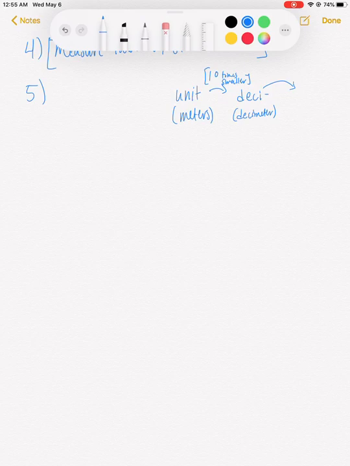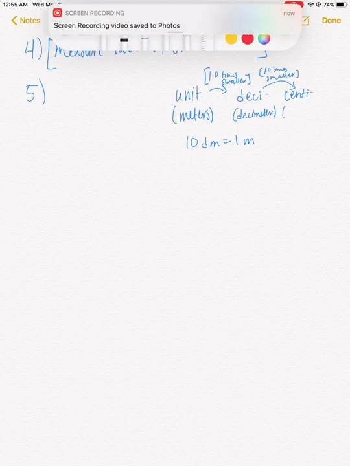And the next one that's 10 times smaller, so let's do 10 decimeters equals 1 meter. Okay, that is going to be the centimeter, centi. Okay, centimeter.